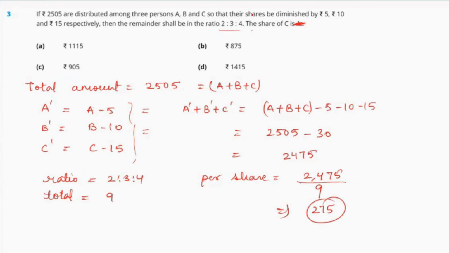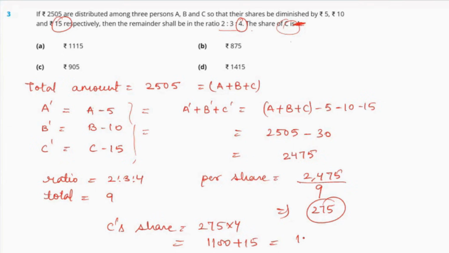Now the question is asking for the share of C. C's part is 4, so C's share needs to be 275 times 4, which is 1100. But 15 was diminished, so we need to add 15 here. After that we get 1115 rupees. So this will be the answer.